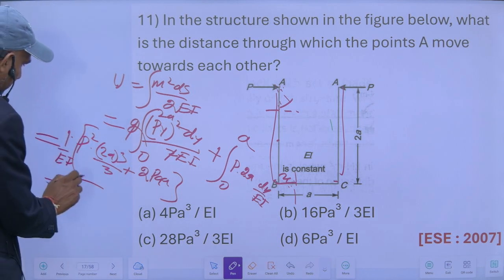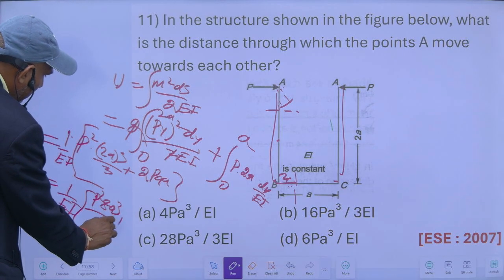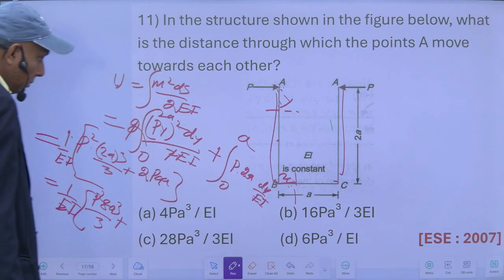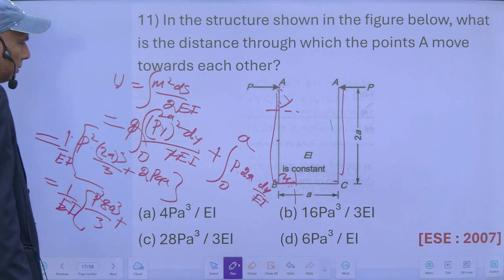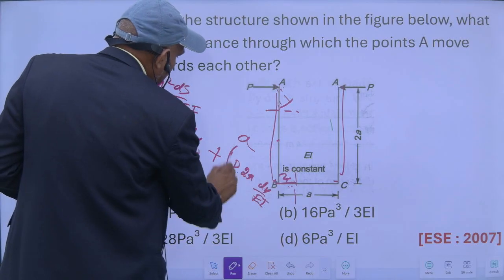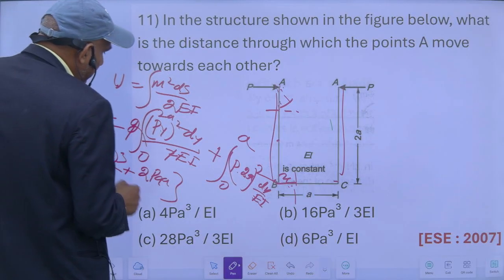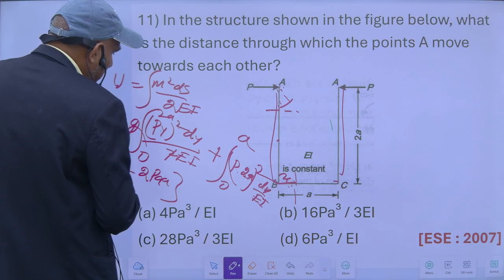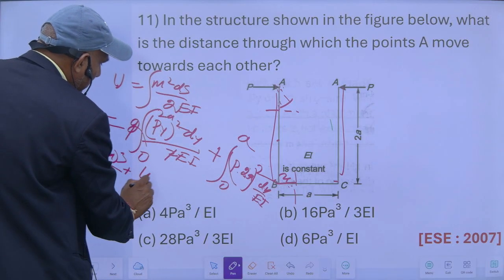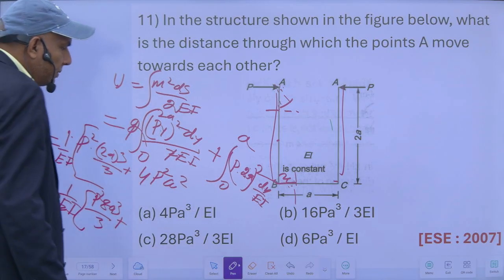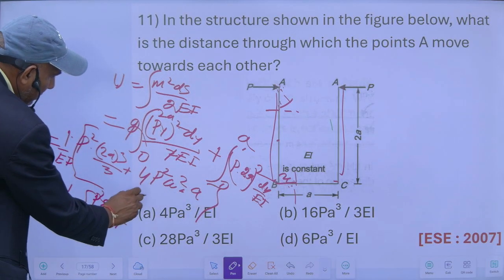So this will be 1 upon EI into P square into 8a cube upon 3, plus this will be 4P square a square into a. So this will be 4Pa cube.